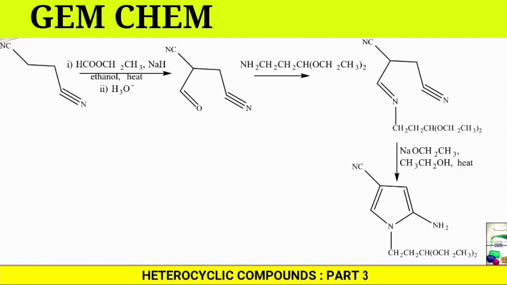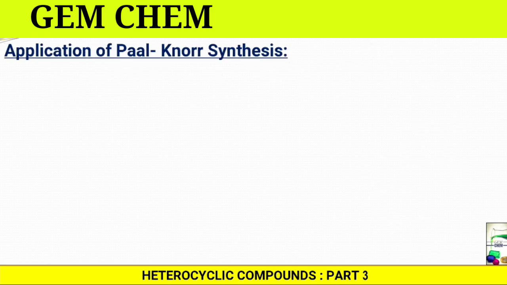The last part which we are going to deal with is the application of Paal-Knorr synthesis. Now generally we have seen right now that NH2 is getting trapped within a ring. So from here we can conclude that this Paal-Knorr synthesis can be very useful as a method to protect the primary amine, and one of the method is being shown here.